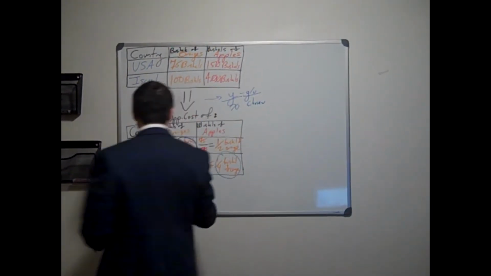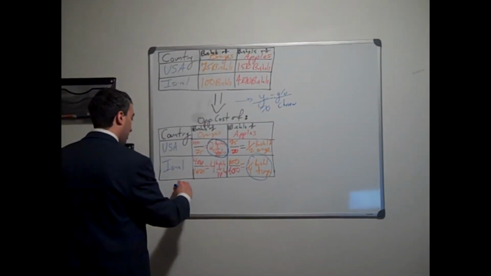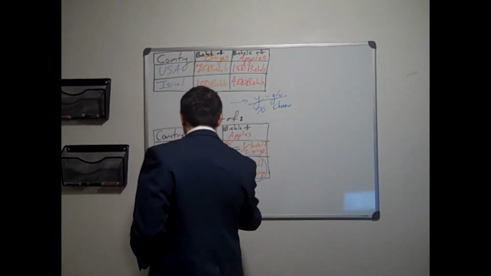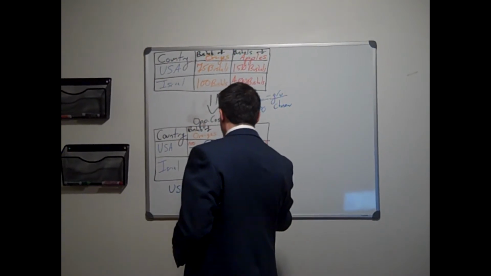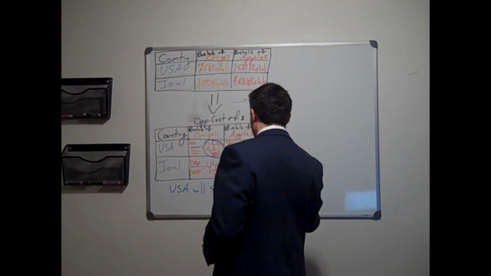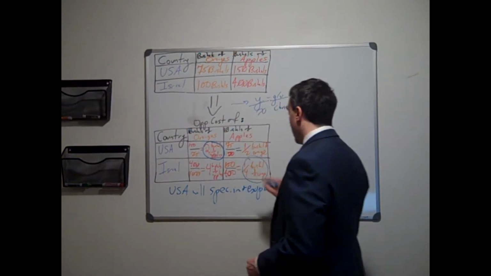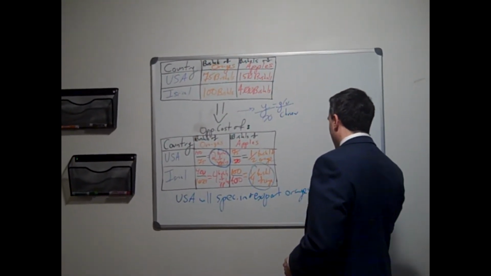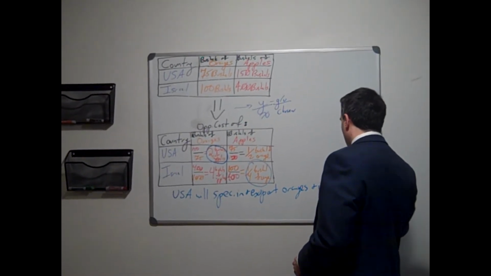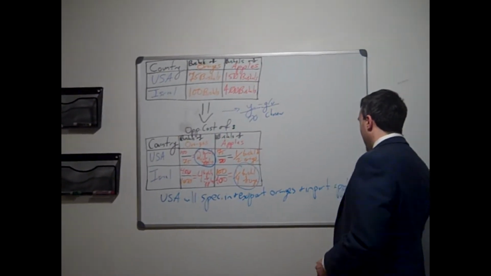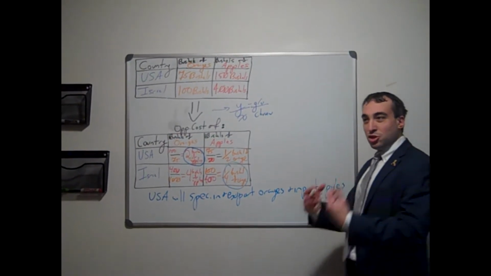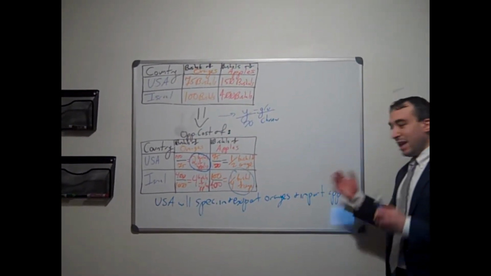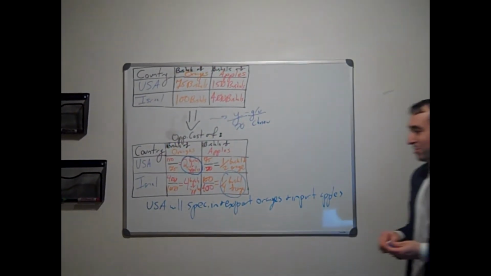That means that the USA will specialize in and export oranges and import apples. They will specialize in and trade some of what they make, what they're good at, which is oranges, while they import in exchange for apples.